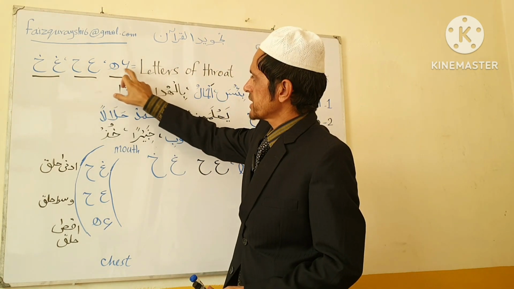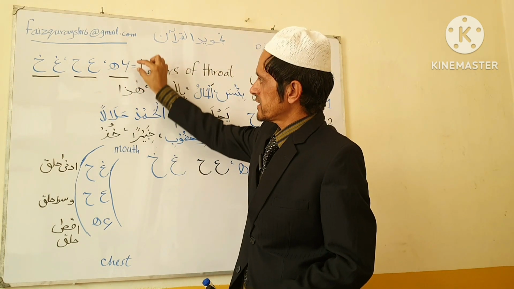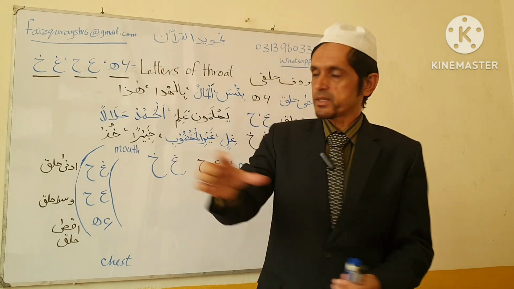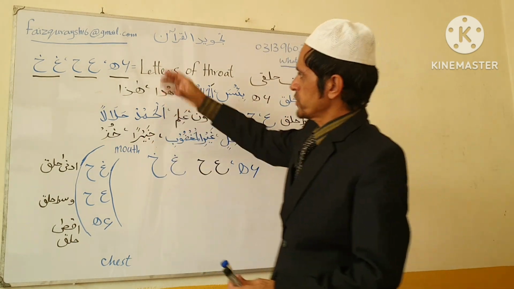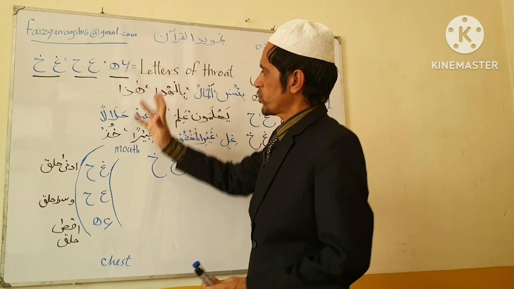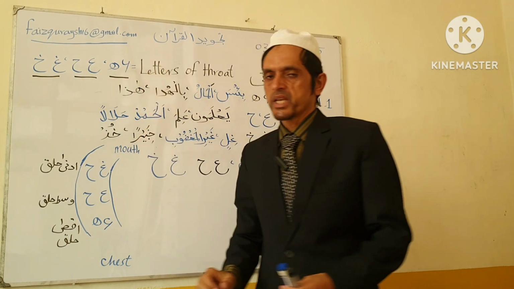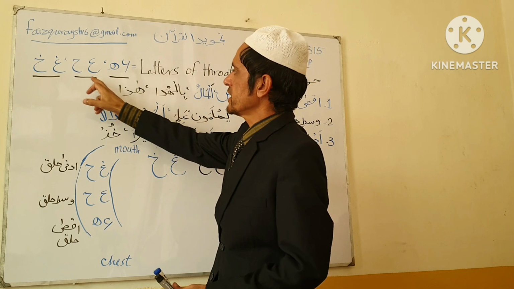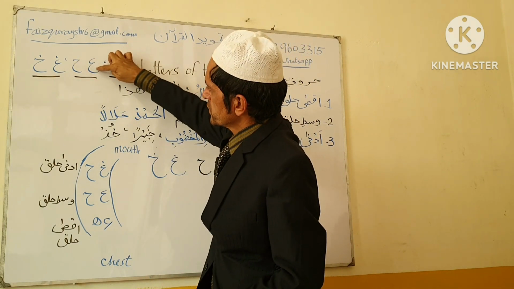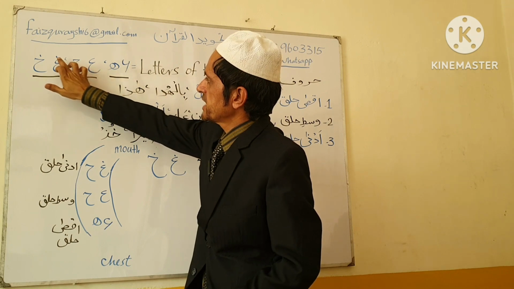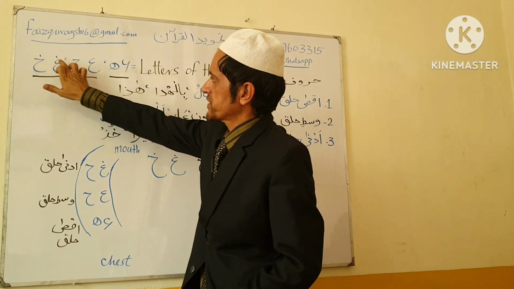Now this is Hamza, Ha. It has many shapes, but the most known shape of Hamza is this one, and this is Ha. And after that Ain, Ha, Ghain, Kha. The shape is the same, but here are dots.